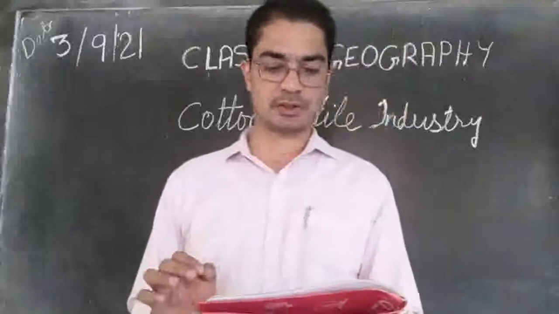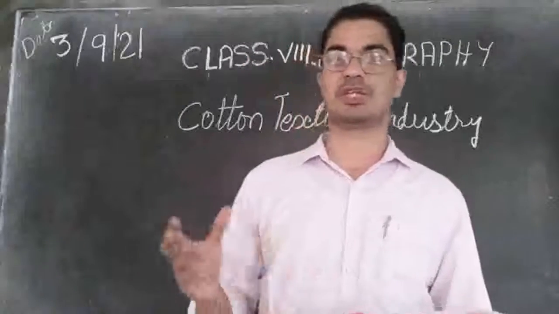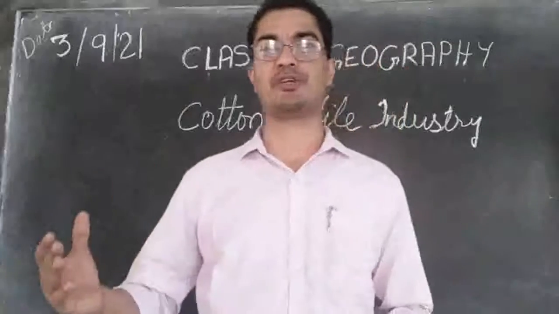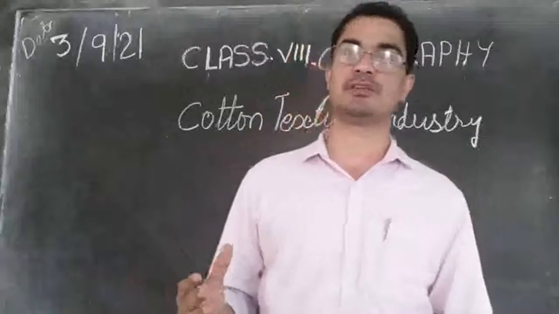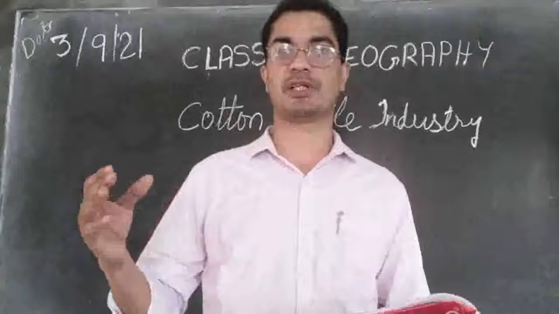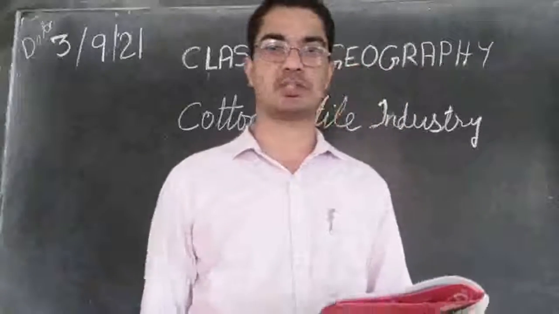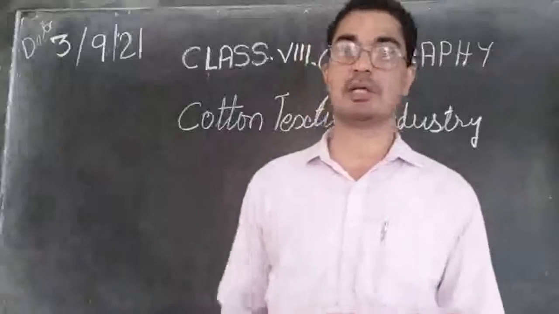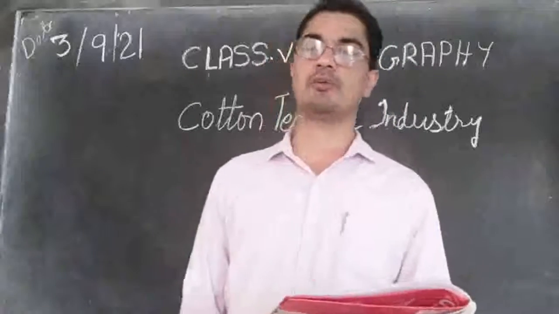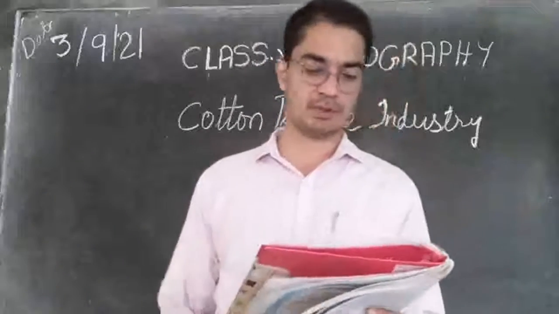The muslins of Dhaka. So in those days Bangladesh was not separated from India, it was part of India. And so the cloth that was made by people of Dhaka was known as muslins. The name of the cloth was muslins.